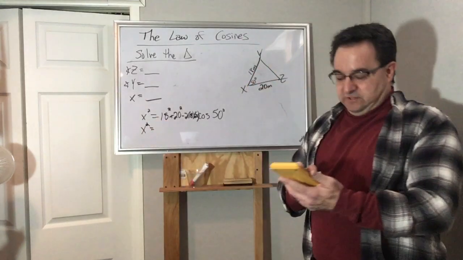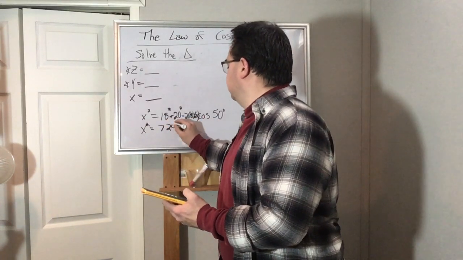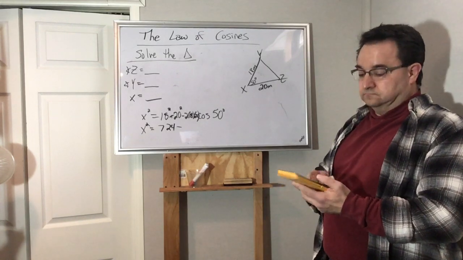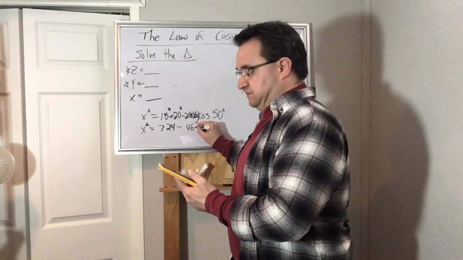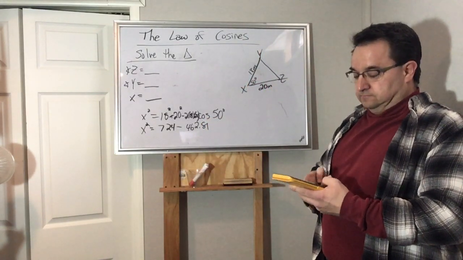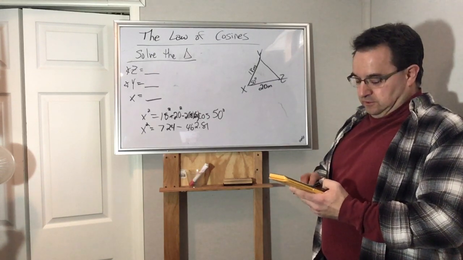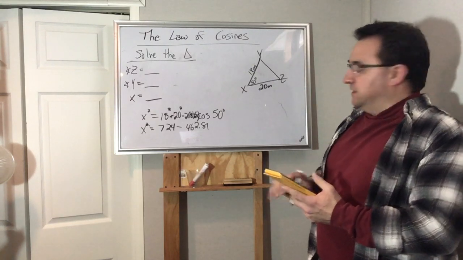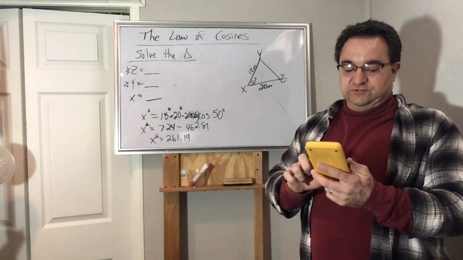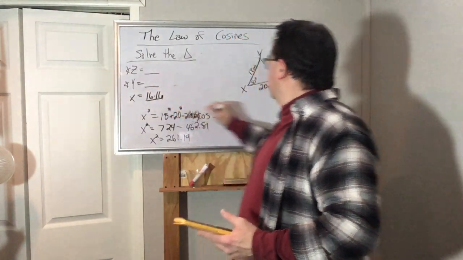So you don't have to do this middle step, but I'm going to. 724 minus 462.81. Well, shoot. 724, 462.81. And I'm getting x squared is 261.19. So I'm going to square root that. 16.16. And that will be meters.